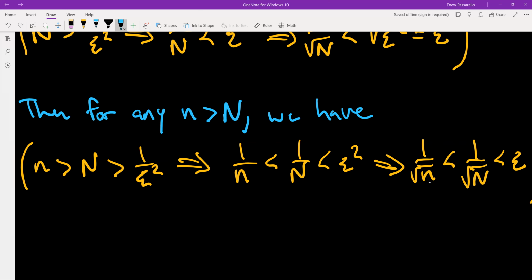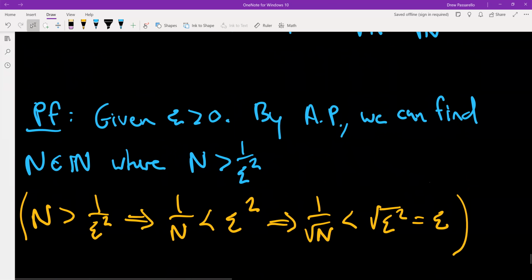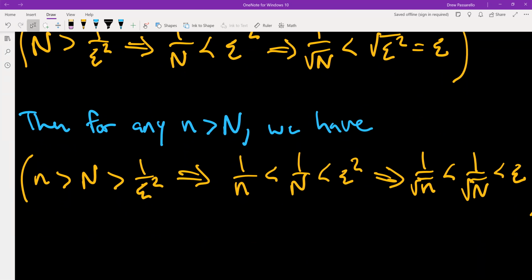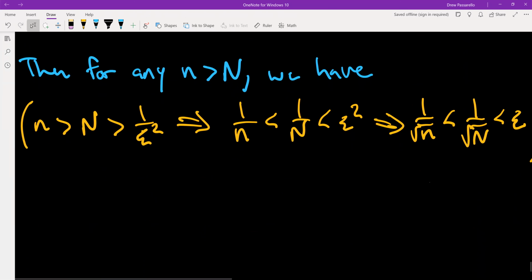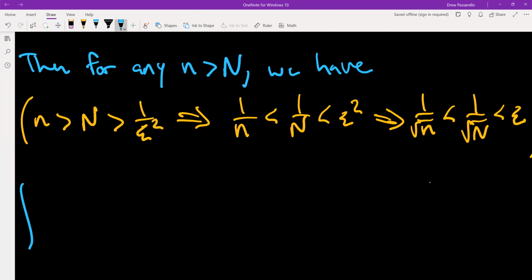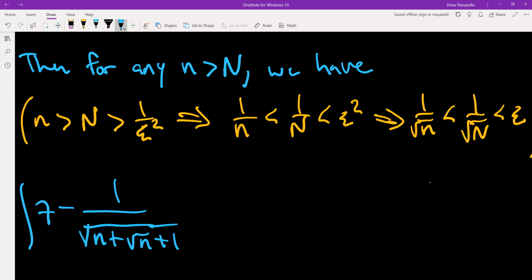So what's in blue is what the actual proof is. We're given epsilon. By the Archimedean principle, we can find a capital N where capital N is bigger than 1 over epsilon squared. So then for any little n bigger than capital N, we have the absolute value of our sequence, which is 7 minus 1 over the square root of n plus square root of n plus 13, minus the value that we're saying it converges to, which is 7.